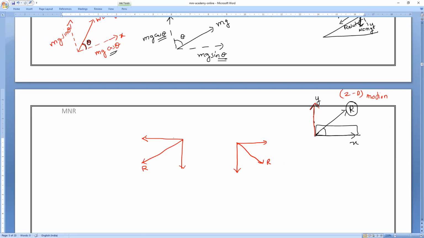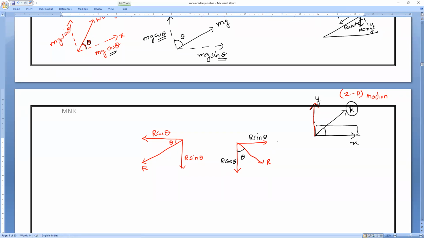Now, if I mention theta is here, the angle with the surface, then this turns into R cos theta, and this turns into R sin theta. If theta is here, then for the y-axis this will become R cos theta, and here it will become R sin theta.